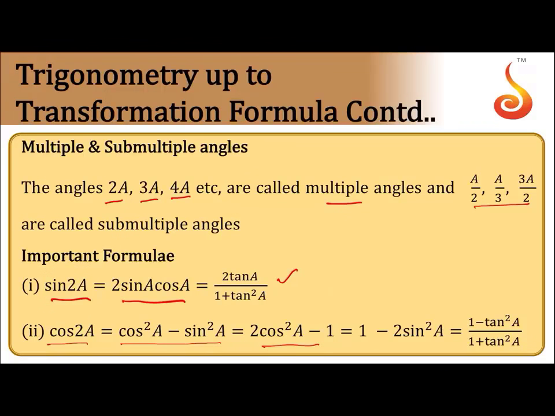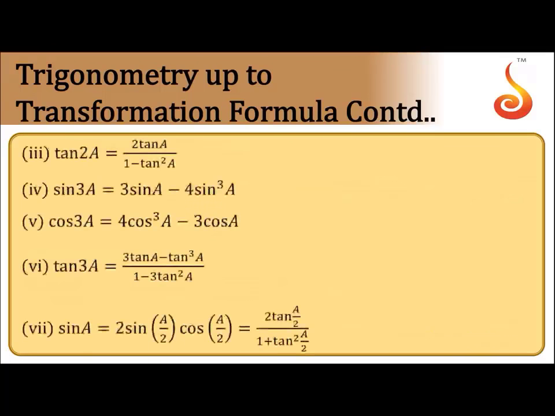The same cos 2A can be written as (1 − tan²A)/(1 + tan²A). And tan 2A is equal to 2 tan A/(1 − tan²A). sin 3A is 3 sin A − 4 sin³A, and cos 3A is equal to 4 cos³A − 3 cos A. Tan 3A is equal to (3 tan A − tan³A)/(1 − 3 tan²A). And there are two more important relations which are useful.